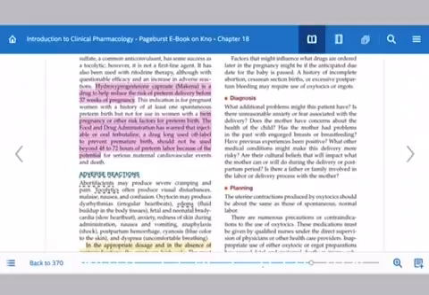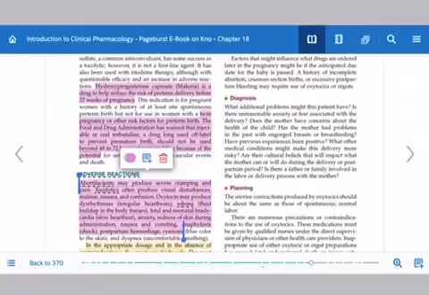So, our adverse reactions. Abortifacients can cause cramping and pain. Your tocolytics produce visual disturbances. Oxytocin can cause irregular heartbeat, dysrhythmias, also redness of skin during administration, nausea, vomiting, postpartum hemorrhage, cyanosis, dyspnea.